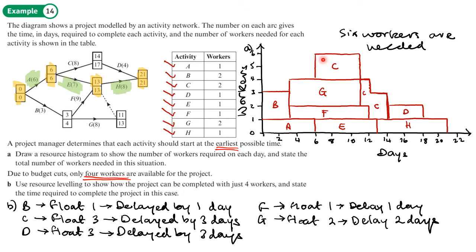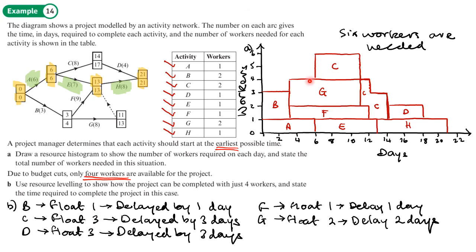Now if we look back at the diagram, this is the hump, the peak we want to get rid of. We really want to move this over here somewhere. And we want to look at the activities that have the largest floats, as that will have the least impact on the finish time. C has already got a float of 3.